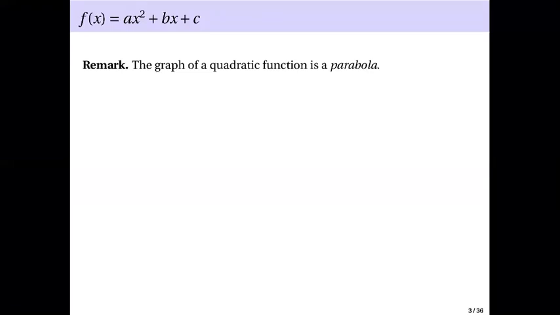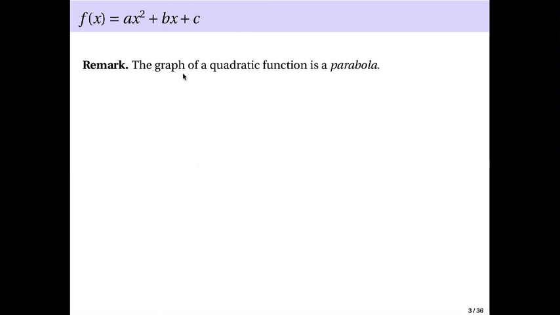Now, here are some remarks with regards to the quadratic function ax squared plus bx plus c. The graph of a quadratic function is called a parabola. In the linear function, the graph is a line.